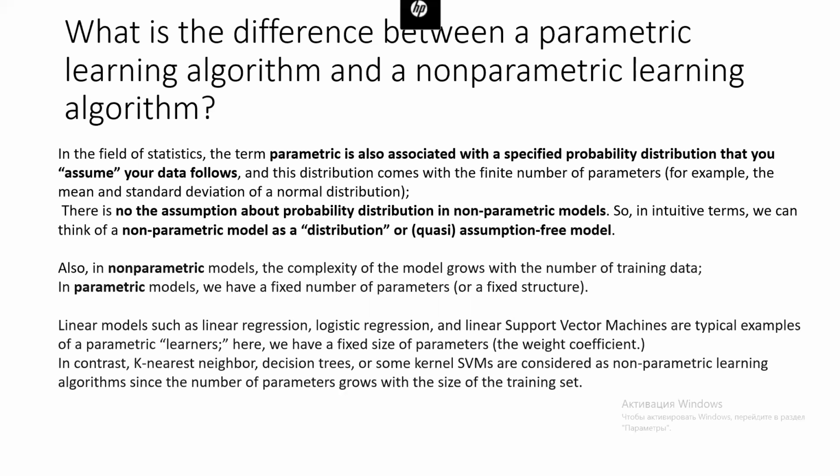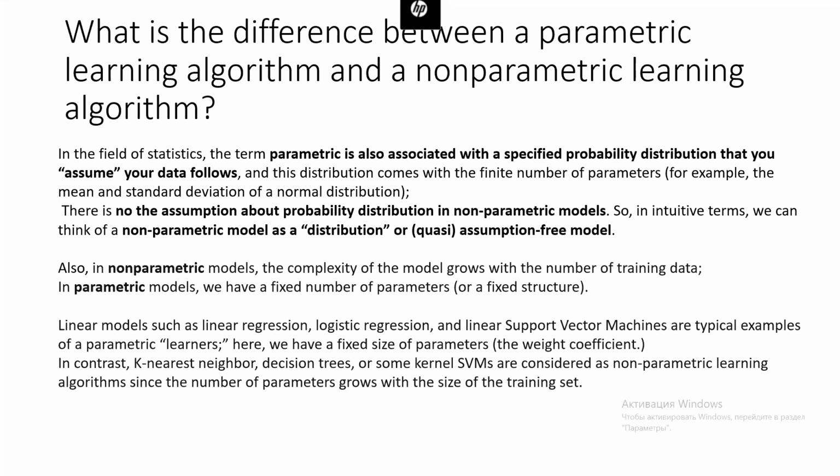For example, if a parameter is less than some threshold, it will be class 1. If the parameter is greater than the threshold, it will be group B. So in this case, the complexity of this tree depends on the data set.